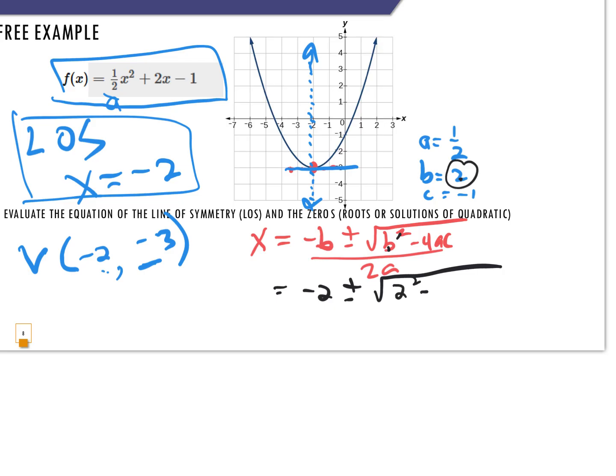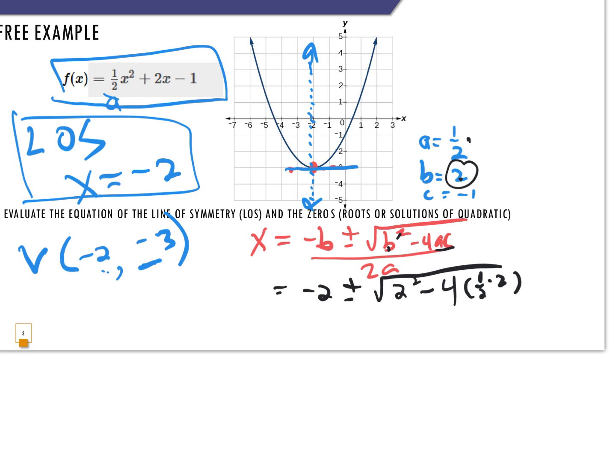I always say -4. And inside parentheses, I will write down a times c. So a is 1/2 and c is the -1. I know what some of you are wanting to do, but I'm going to put 1/2 times -1.